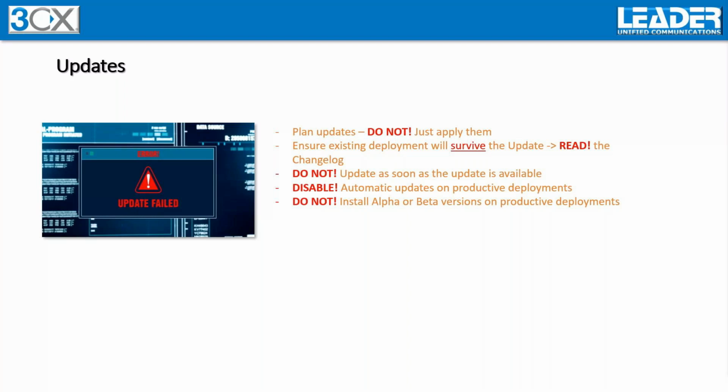If it's lined out there that it's a beta version, do not apply it, please. Except if you have a test environment where you want to play around, feel free to do it there, but you don't apply beta versions on productive systems.